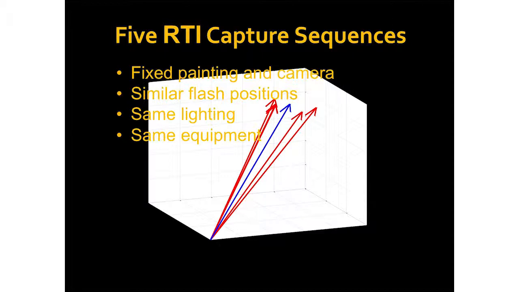And so we tried to be precise in where those positions were over the course of 5 capture sequences. We tried to use the same ambient lighting, and the same power from the flash. Those settings were kept the same. We used the exact same camera, same flash, same batteries, which can be a problem. And the result is we got 5 surface normals at every pixel along with the RGB data.